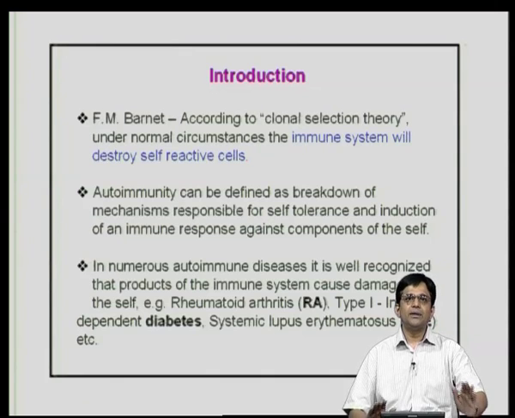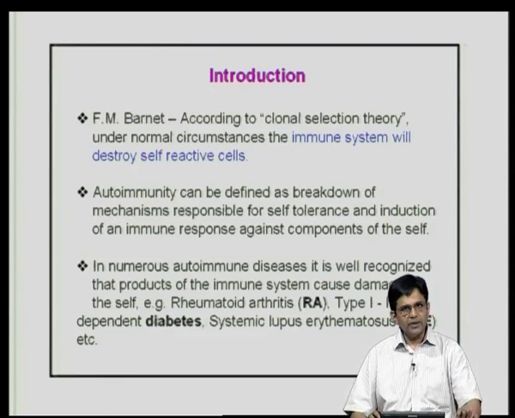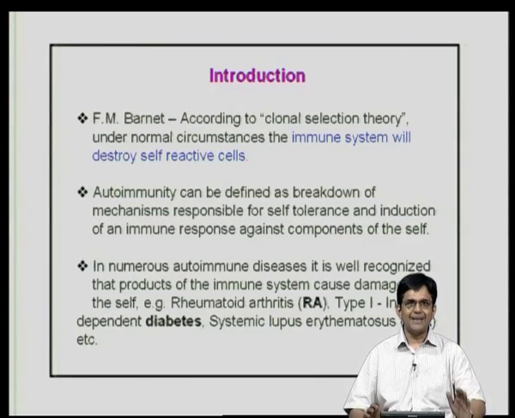Now, we know that by and large the immune system does a good job of protecting itself, but in some cases the immune system turns upon the host, and that is what this class is all about.